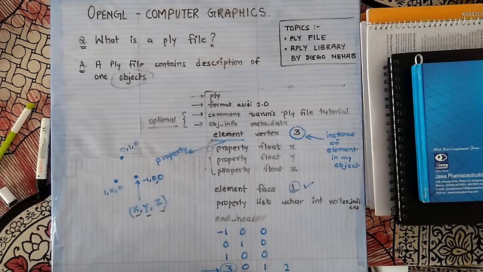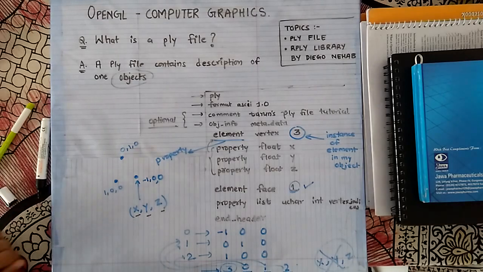Now it is very important to understand what this 0 1 2 is. These are not x y z, these are the indices of the previous element, which is vertices. Suppose this is the 0th vertex, this is the 1st vertex, and this is the 2nd vertex. So these are the indices, or you can say pointers to these things. Thank you very much.